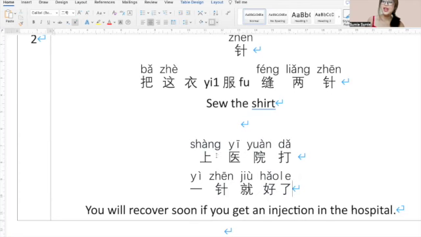So we may say 上医院 go to the hospital. 打 that means get the injection. 打针, 上医院打一针, you go to the hospital and then get the injection. So 针 is a measure word of 打, okay, do you get it?